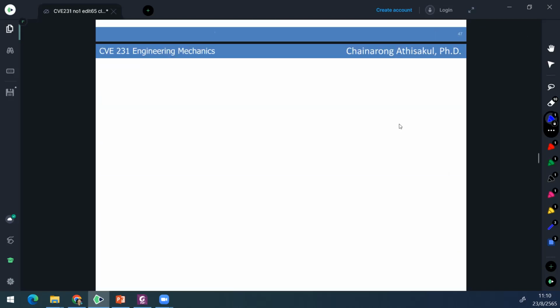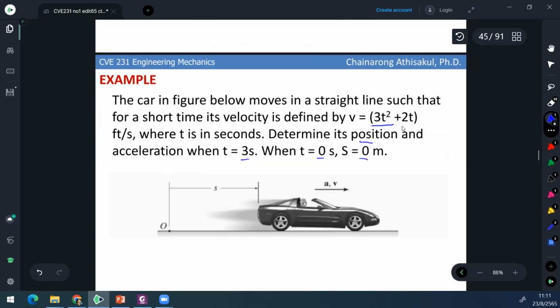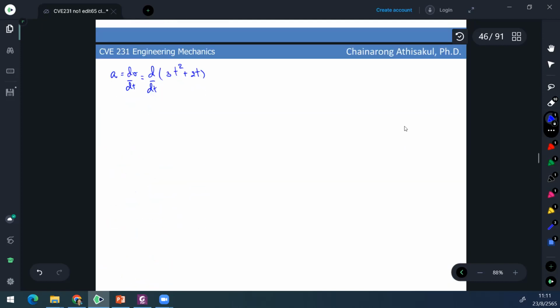For acceleration, we know that a equals dv by dt, and we take the first derivative of this function, that is 3t squared plus 2t. Okay, the function of velocity is given like this. So according to this, we have the acceleration function equal to 6t plus 2.